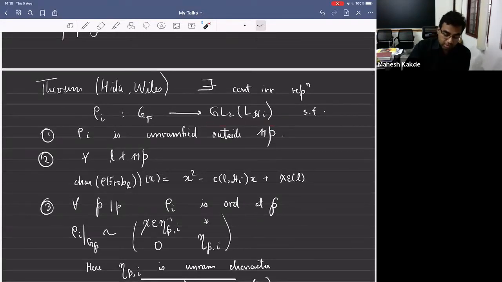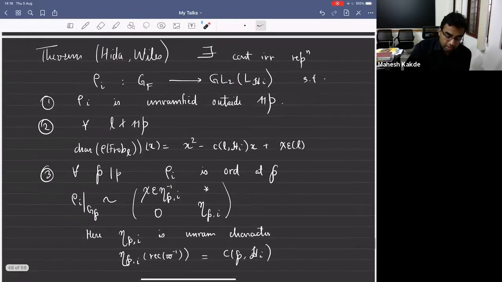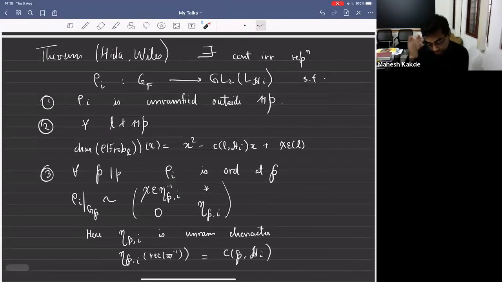This is very much like the Galois representations attached to ordinary forms that Shinichi mentioned in his talks, but this is over totally real fields. These were constructed by Wiles in some special cases first, and then Hida, so I'll attribute this to Hida-Wiles. There exists a continuous irreducible representation rho_i from G_F to GL_2 of these fields.